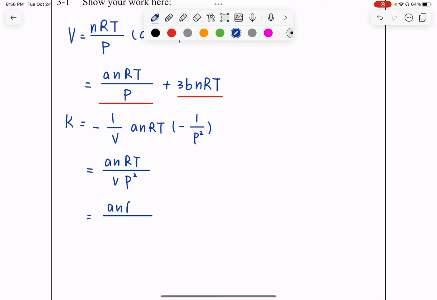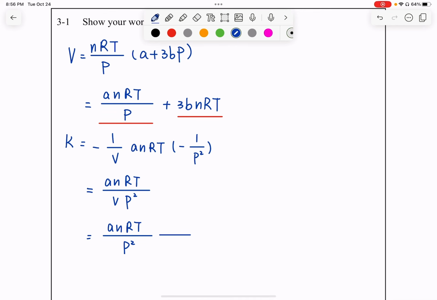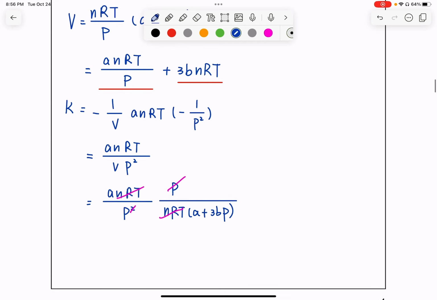Now we do not want to have V in our expression, so let's further write it as A nRT over P squared times 1 over V, which is P over nRT(A plus 3BP). And our P cancels with P, nRT cancels with each other.